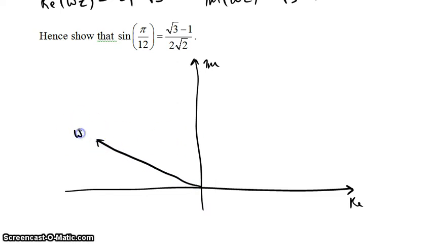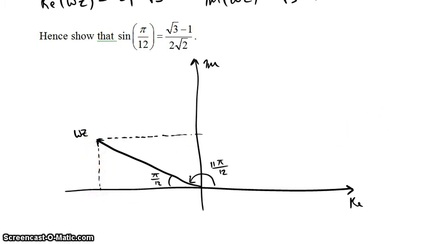This would be our vector WZ. This angle in here is 11 pi upon 12. This angle in here is then pi upon 12. And we know a little bit more than that. We know something about both the real and the imaginary parts.